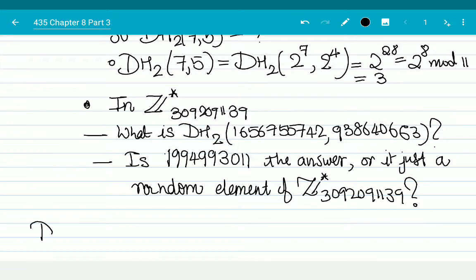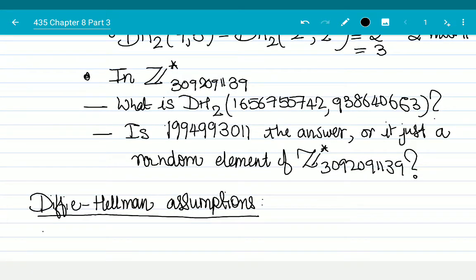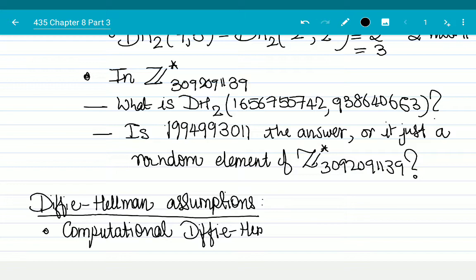Okay? So, Diffie-Hellman assumptions. Computational Diffie-Hellman problem.